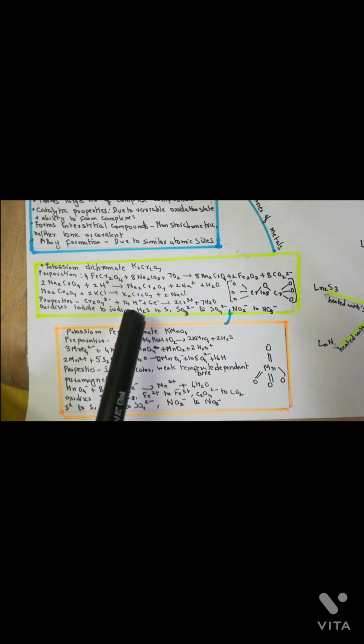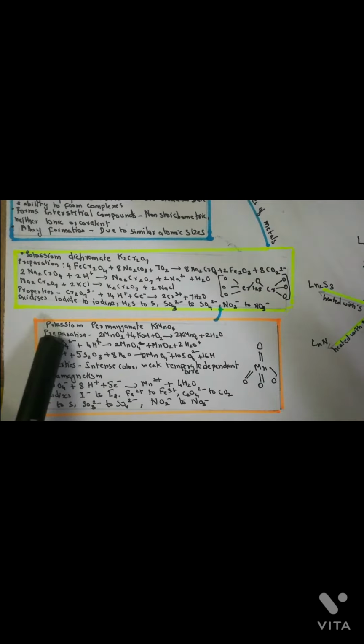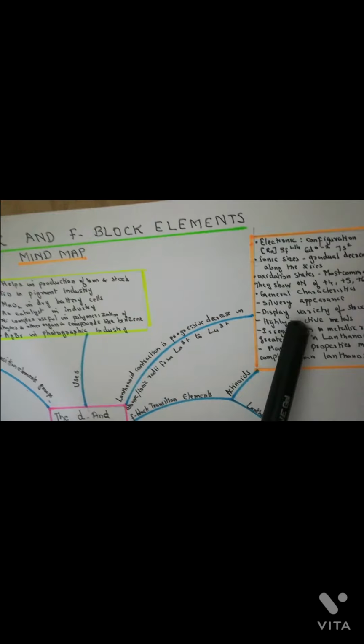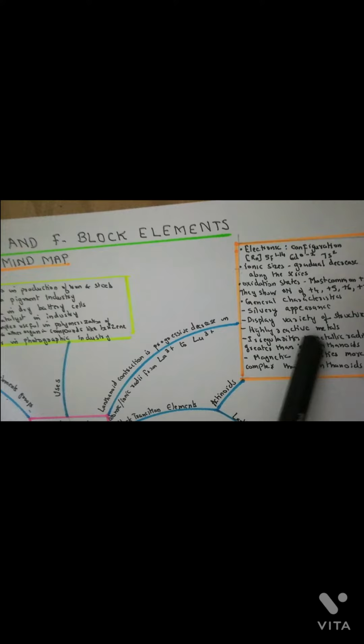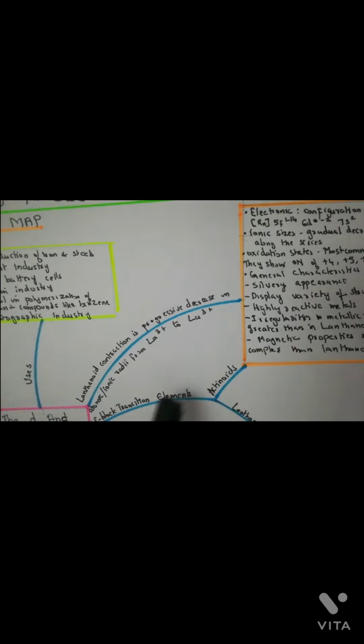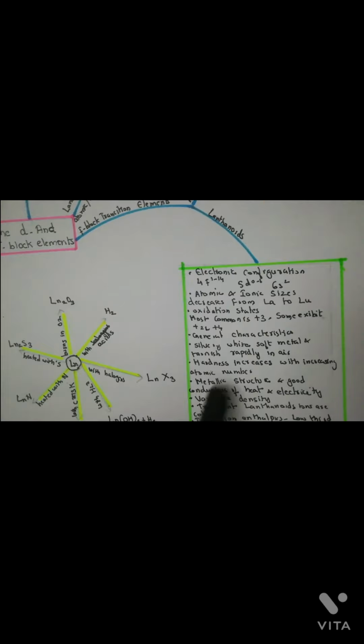Down here inside this orange box is the preparation and properties of potassium permanganate, KMnO4. Then over on the top right side we have the electronic configuration, oxidation states and various properties like physical properties and chemical properties.